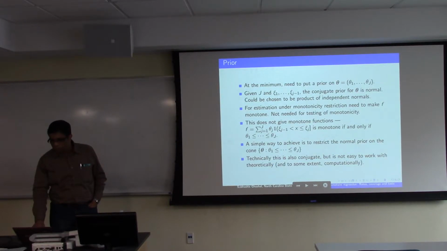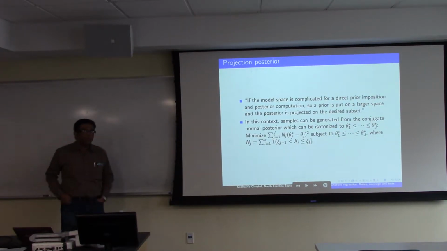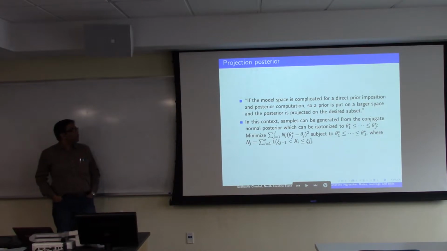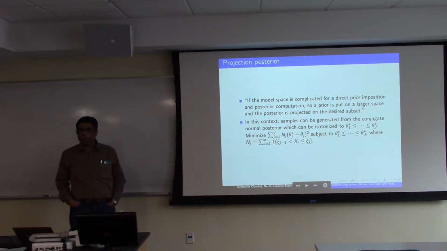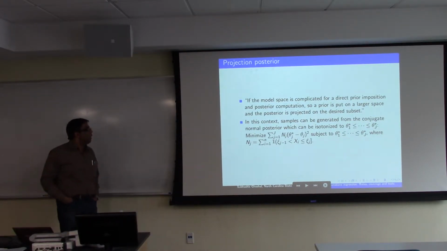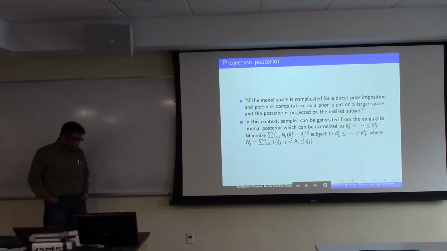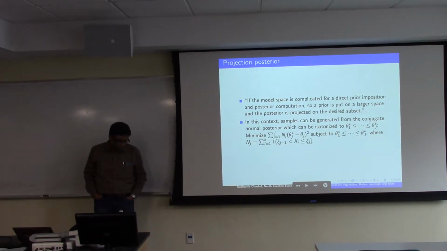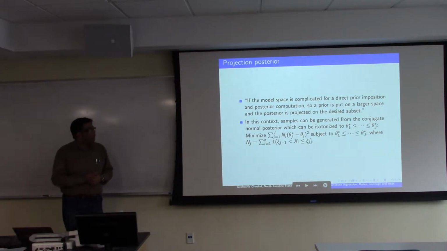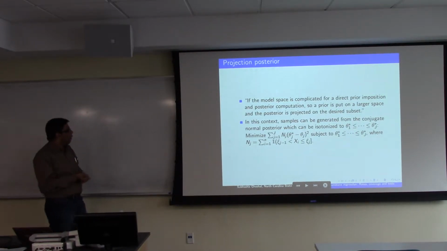So what we do is take a different approach, what we call the projection posterior, which is a general idea. If your parameter space is somewhat complicated and you want to put a prior on it, in the traditional way you put a prior that is concentrated there. But that may be difficult in every possible way, computationally and theoretically.